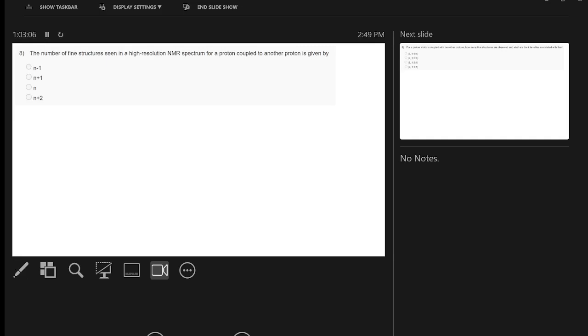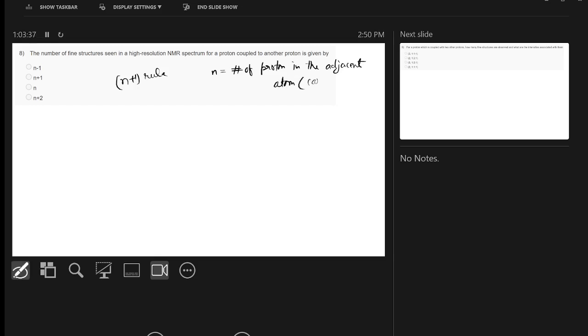The number of fine structures. Fine structures means, let's say we have a broad peak, and because of spin-spin coupling, it has a splitting. So you will have some fine structures. So the fine structure is given by the n plus 1 rule. I told you it's the n plus 1 rule. And n is the number of protons in the adjacent atom.